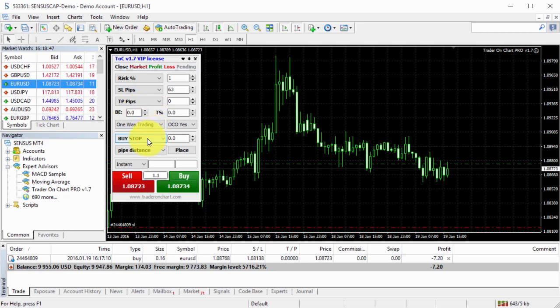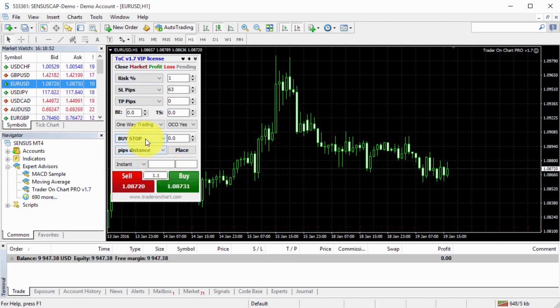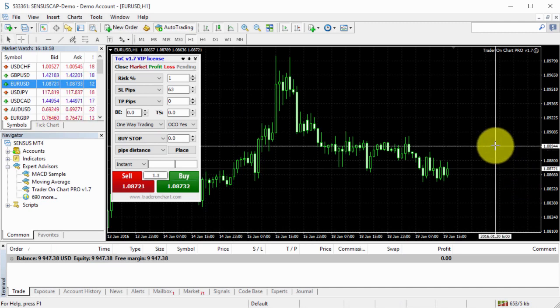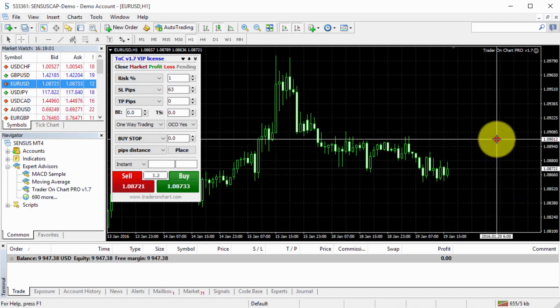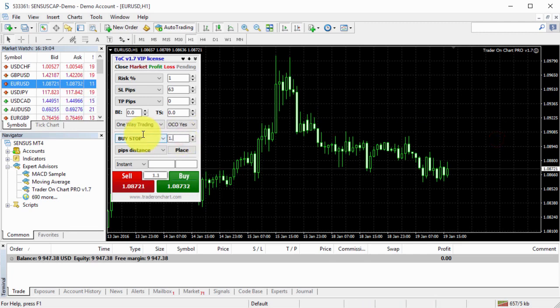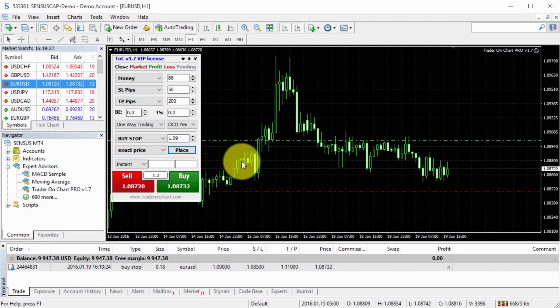Now let's take a look at the pending orders. Let me just close this market trade right now, and I will want to place a buy stop, let's say somewhere around this point right here. So yeah, 1.09. It will be a buy stop at an exact price, and I want a stop loss of 50 and take profit of, say, 200, and also I want to risk, I don't know, $88, and I click place, and it will place my pending order.